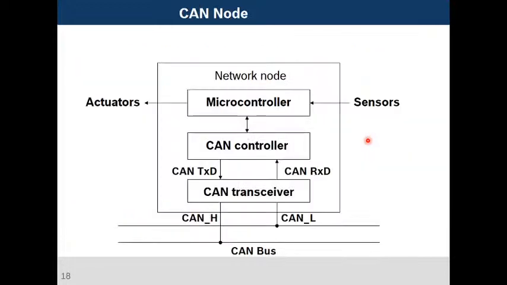What will a CAN node look like? There will be sensors and actuators, and multiple sensors, and these inputs are brought to the microcontroller.